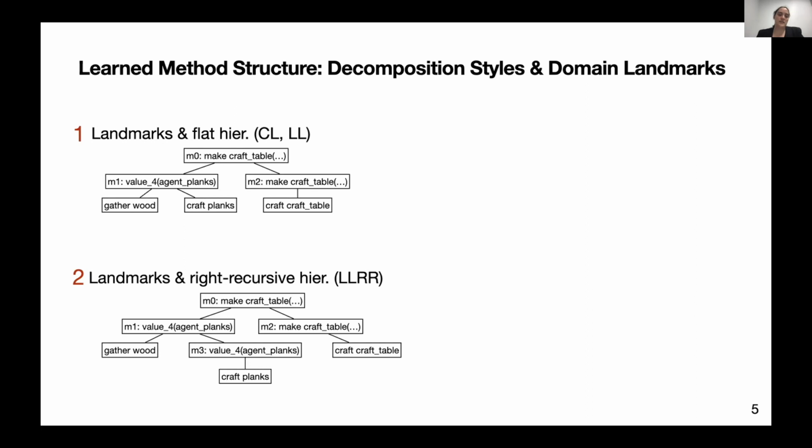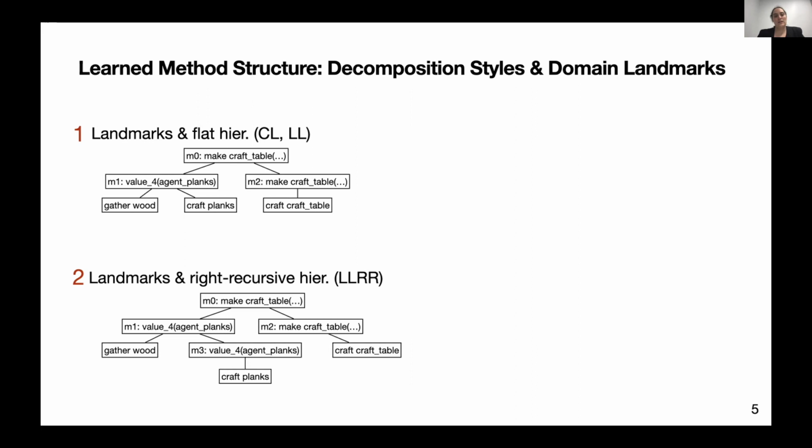I mentioned that our policies are going to compare the performance of different types of hierarchical structure. Two of the ones that we're going to look at, which both take advantage of landmarks to form the structure, are shown on the left. The first one has a flattened hierarchy, and the second has a right recursive hierarchy.